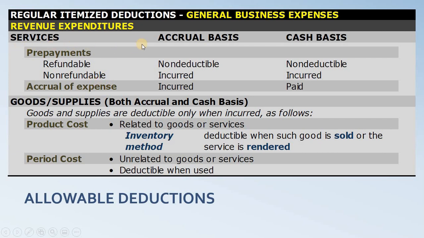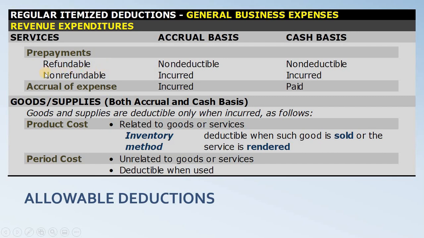Regardless whether the taxpayer is using accrual or cash basis of accounting, as long as the prepayment is refundable, which means the payment can be returned to the taxpayer, it is not considered as an expense for tax purposes. So regardless whether accrual or cash basis, it is always non-deductible, again, because it can be returned to the taxpayer.